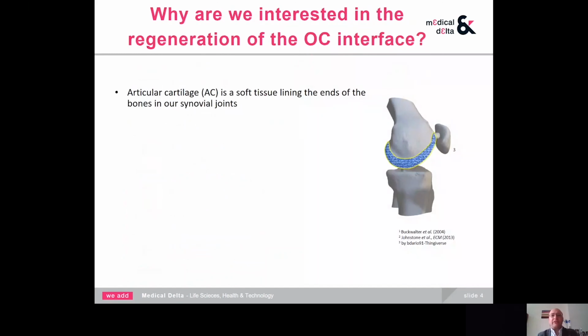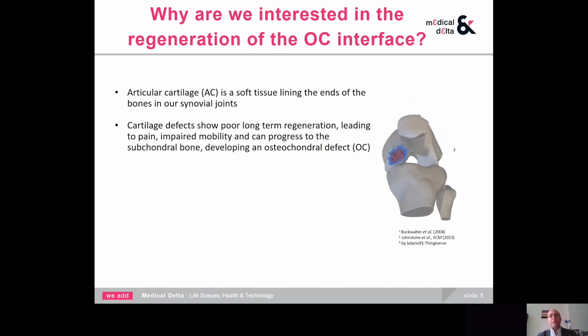So why are we interested in the regeneration of the osteochondral interface? Articular cartilage is a soft tissue lining at the end of the bones in our synovial joints, and enables a smooth pain-free articulation. Cartilage defects show poor long-term regeneration, leading to pain, impaired mobility, and can progress to the subchondral bone, developing an osteochondral defect.